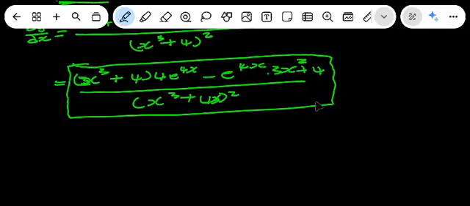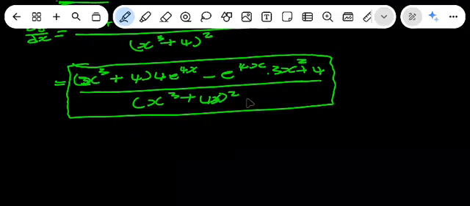All right, yes, it must be plus 4. So this is what we have actually. That is our correct answer. This is x, by the way. All right, so that is what we have.